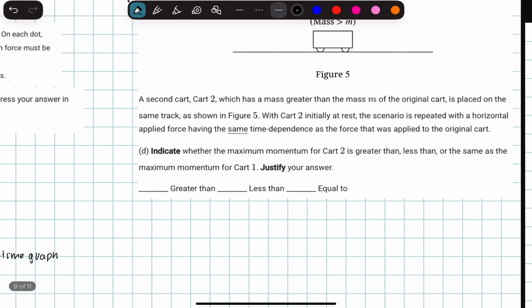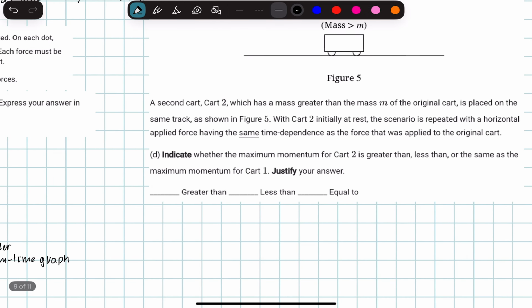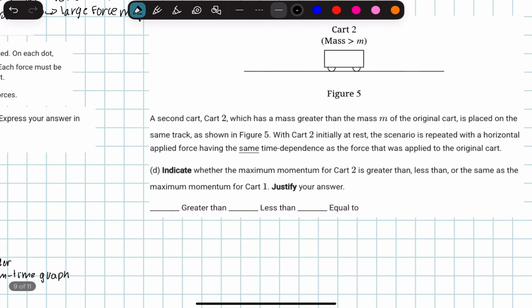So a second cart, cart 2, has a mass greater than the mass m of the original cart and is placed on the same track as shown in figure 5. With cart 2 initially at rest, the scenario is repeated with a horizontal applied force having the same time dependence as the force that was applied to the original cart. Indicate whether the maximum momentum for cart 2 is greater than, less than, or the same as the maximum momentum for cart 1.